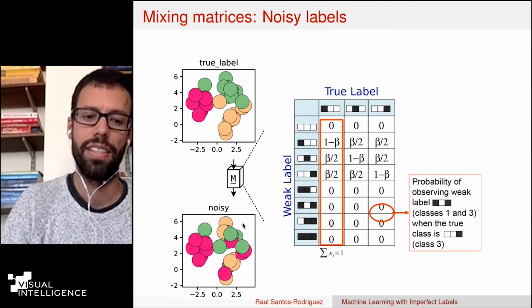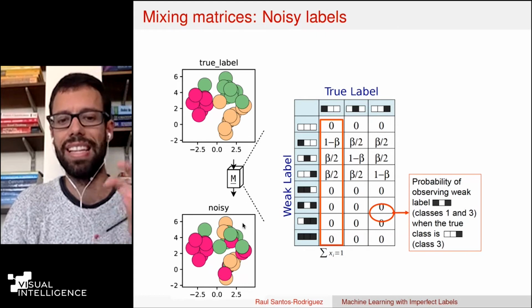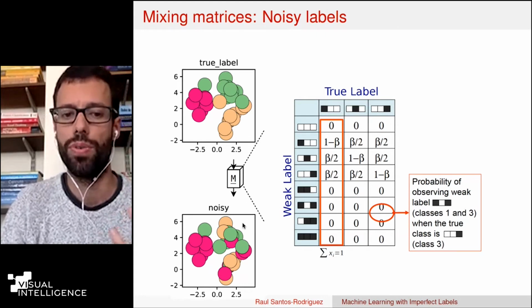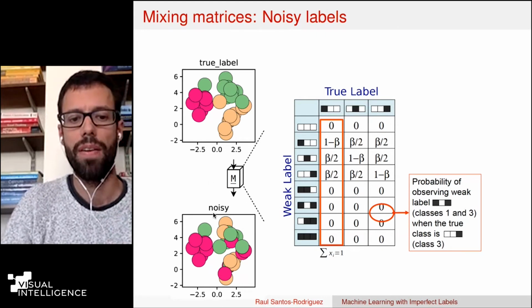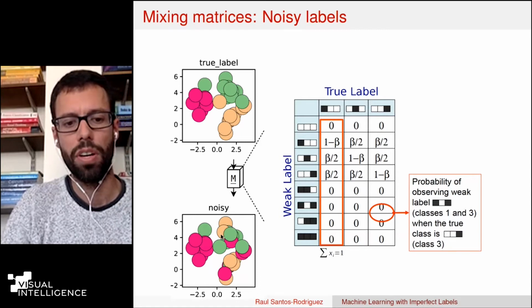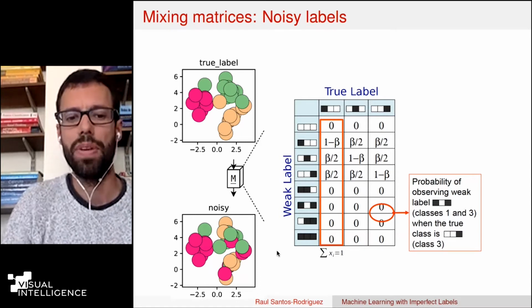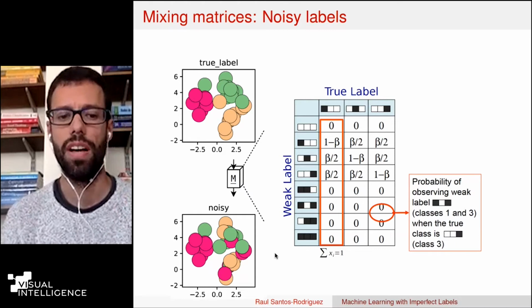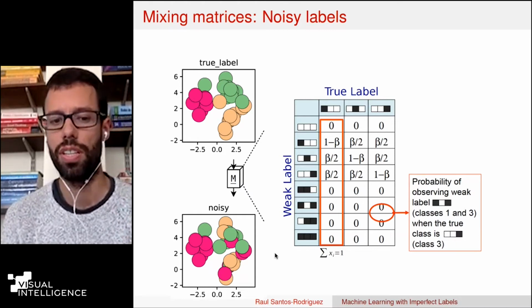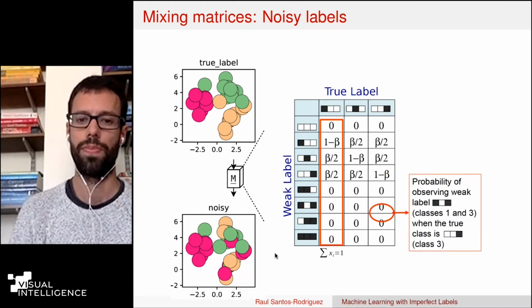What I get as Z, what I'm going to use to train, is a version of what I had above, but changing some of the colors because I have flipping noise. So with a probability, I change the class that the point belongs to.